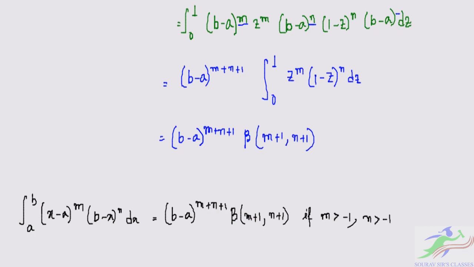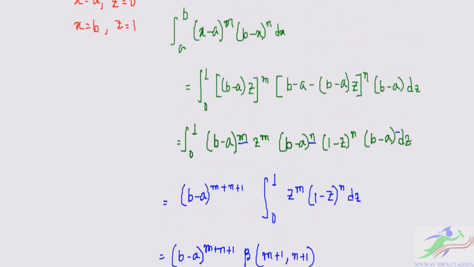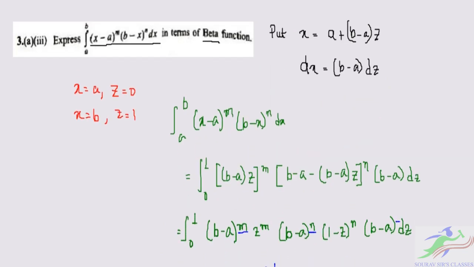So that will be the answer in terms of the beta function. So this solves our question 3a part 3. So we have 3 parts to this question. In the next video we will solve the remaining parts of question number 3.